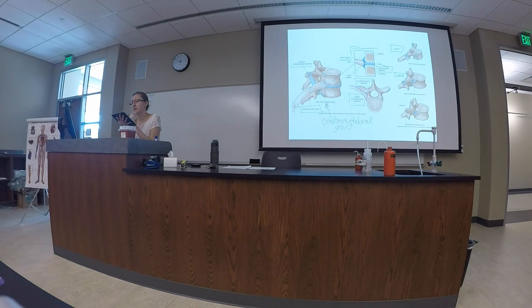So here we see the single facet. And for rib 11, we not only have a single articulating facet, but we have no facet on the transverse process. And all of these, again, are synovial joints.